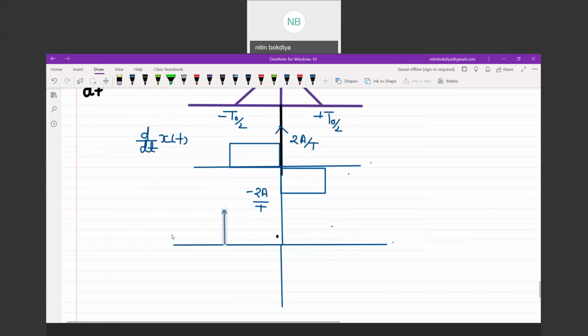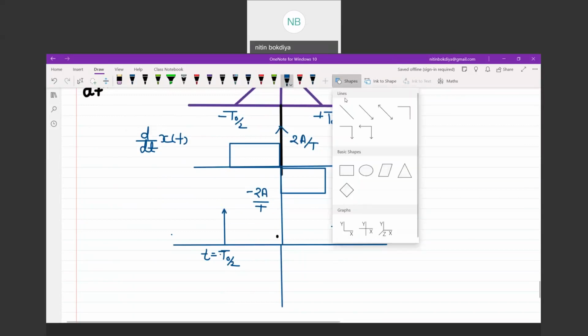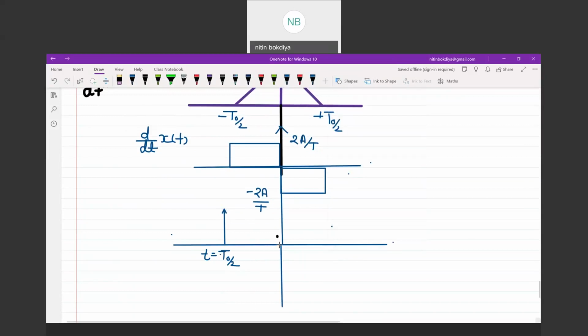We know how to differentiate a discontinuity. We will get one impulse at 0, and what is the height of this impulse?